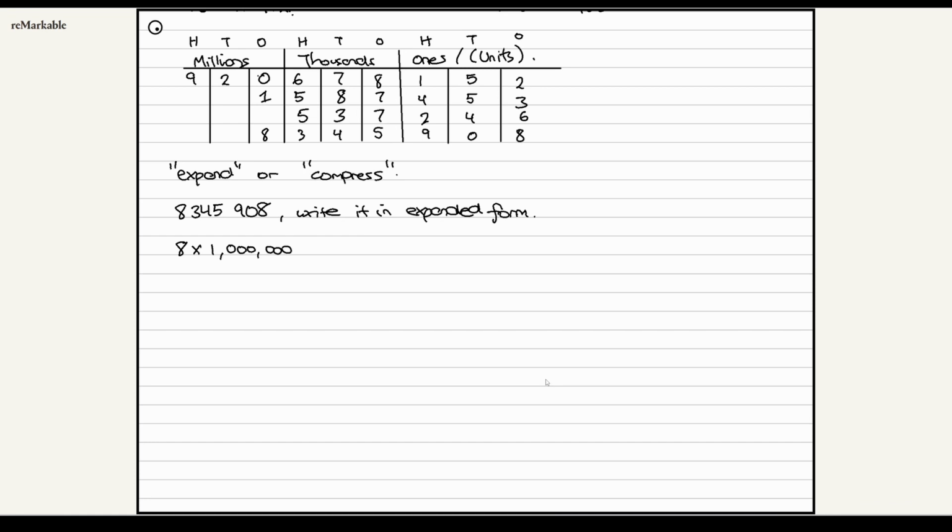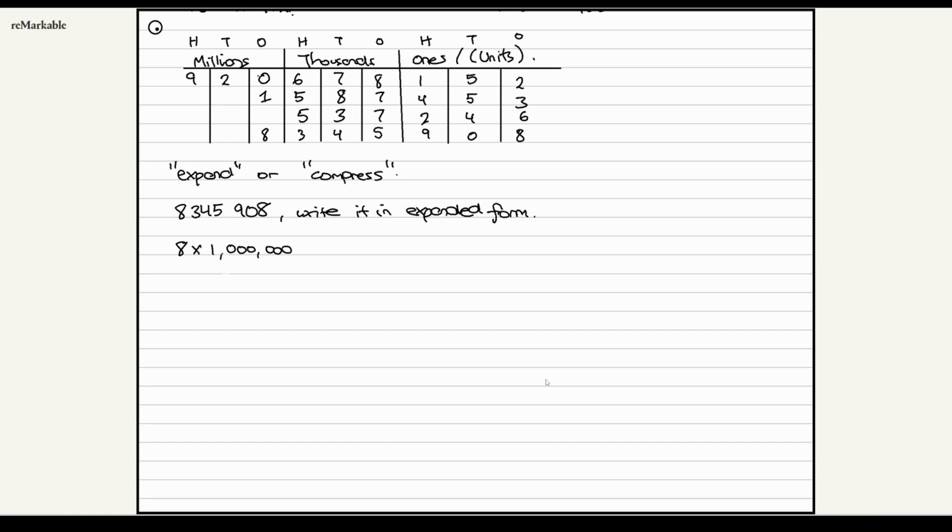Now my notation is a little bit inconsistent here. Here I've put some commas to help us identify the difference in the nests. For example, this is the ones nest, this is the thousands nest, this is the millions nest. But honestly, either way you do it is completely fine, as long as you're consistent, unlike what I've done.